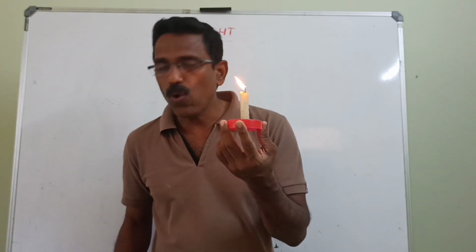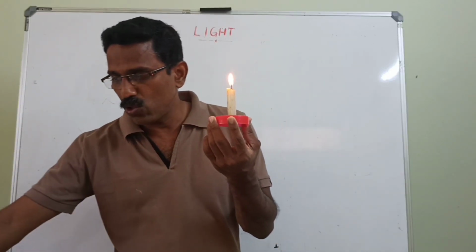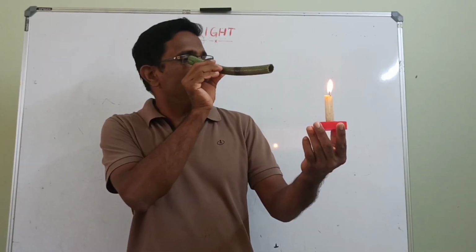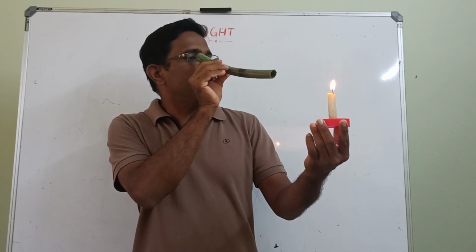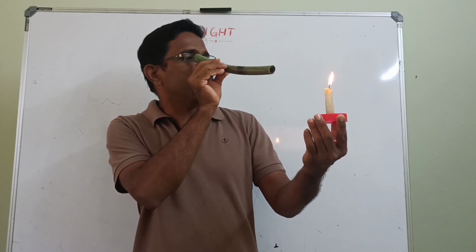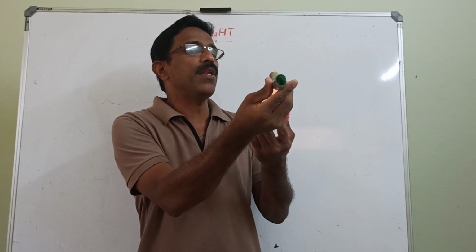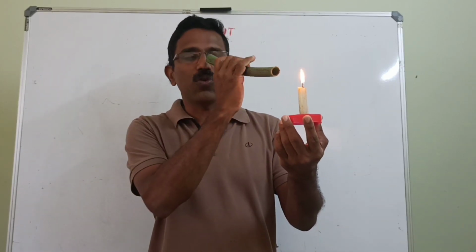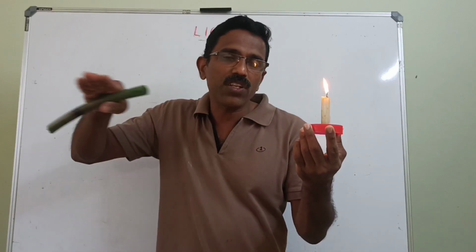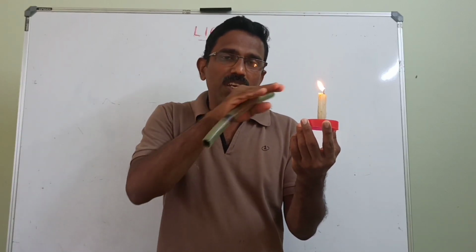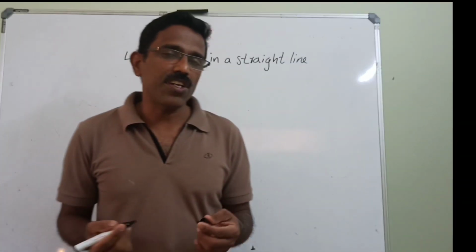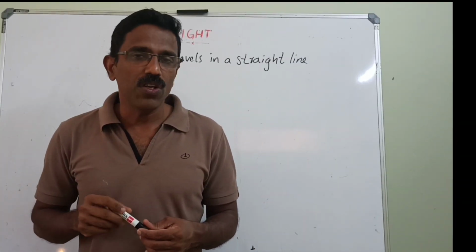But if you observe the same candle flame through a bent pipe, can you see the flame? I could not see the flame. It is impossible to see the flame through the bent pipe. Why can I not see the flame through this pipe? Light travels along a straight line, so we cannot see it through a bent pipe. Light travels in a straight line. That is the property that we have seen.